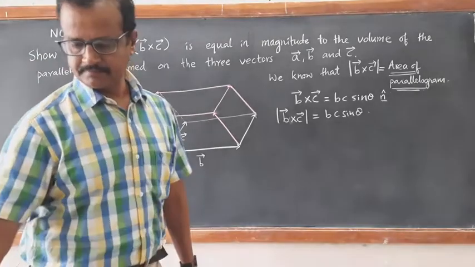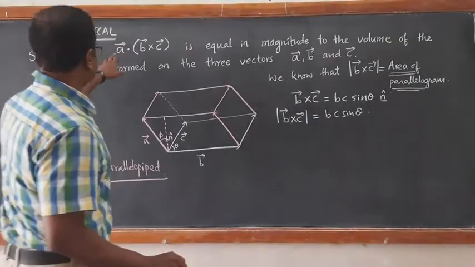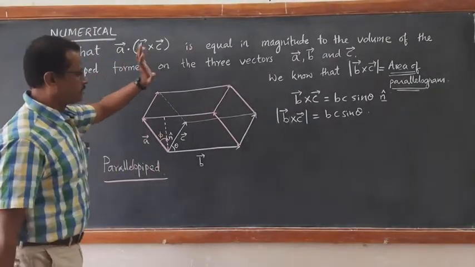Now let me take this operation, vector A dot B cross C. What does it mean?